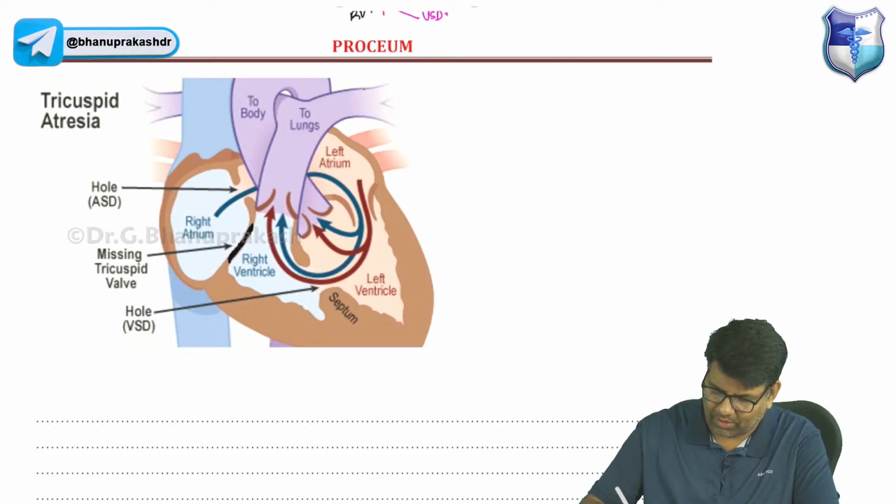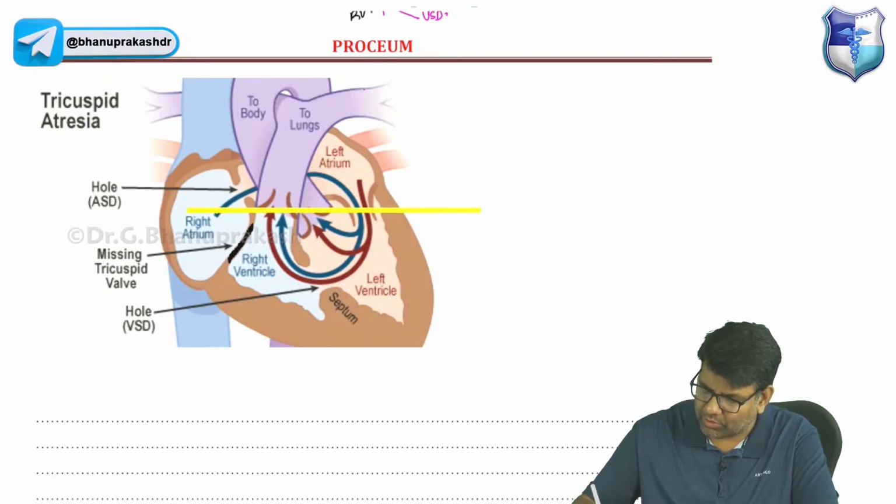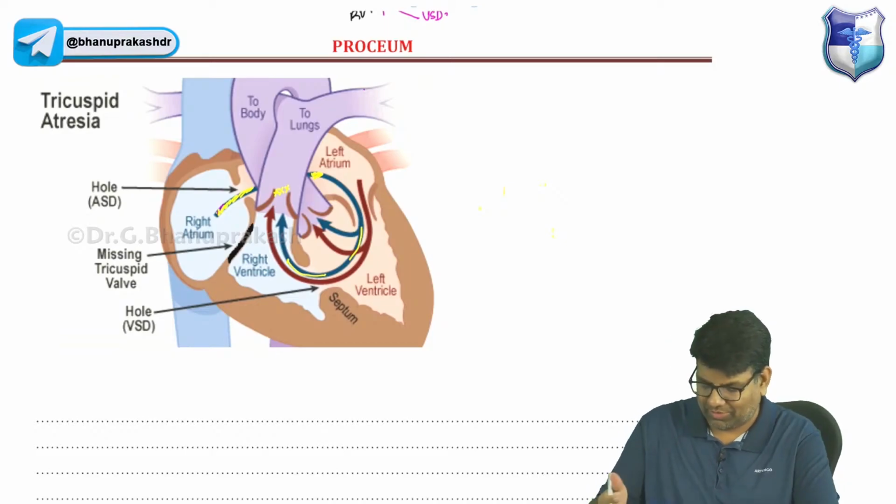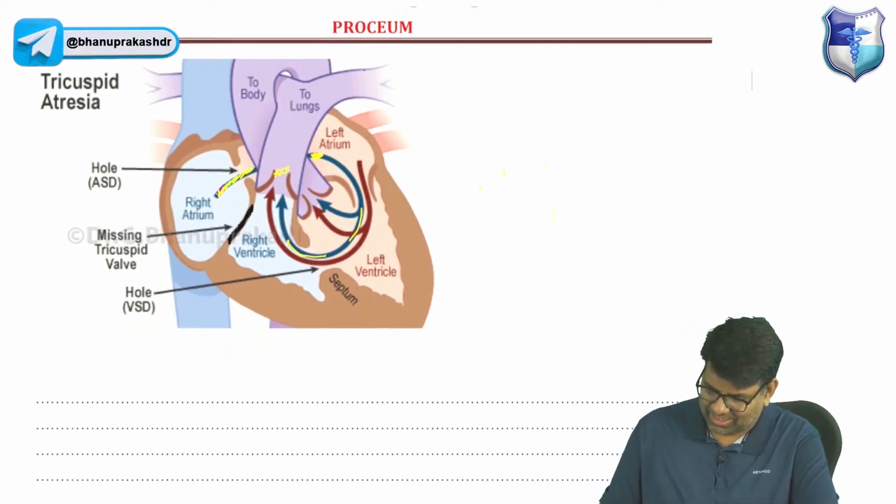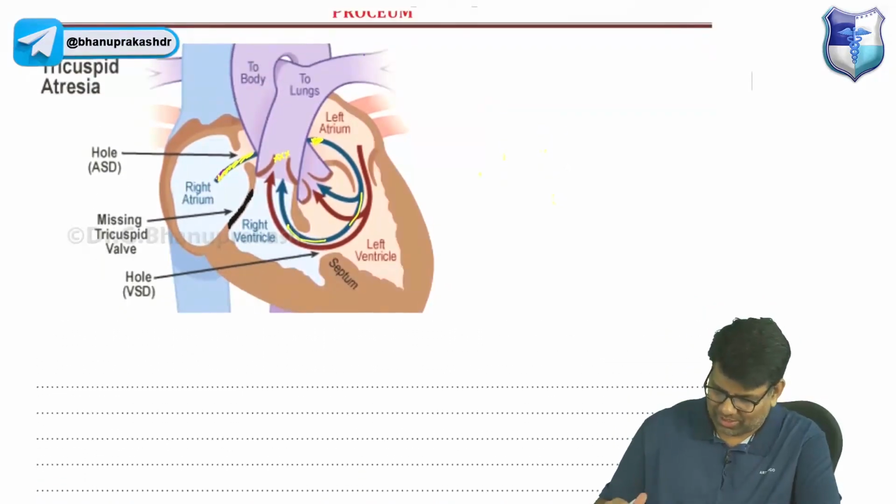So the blood is going from the right atrium, to the left atrium, going this way, into the left atrium. Through the left atrium it comes into the left ventricle, and through the VSD it is coming to the right ventricle. And then there is affection of pulmonary valve also, which affects the second heart sound. Clear? So this is tricuspid atresia.